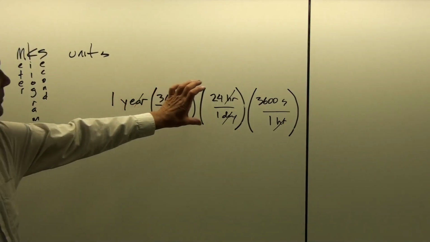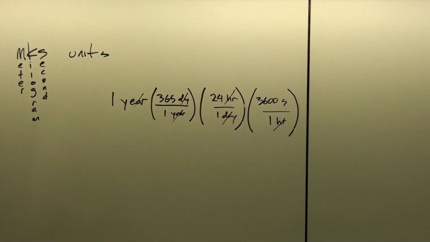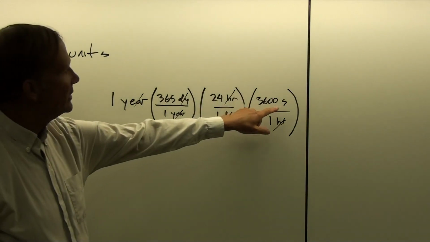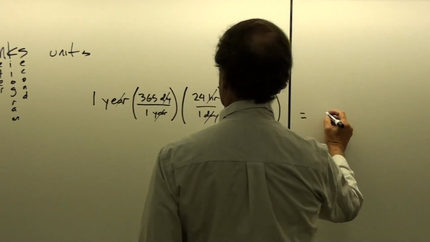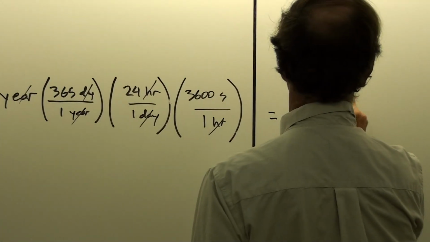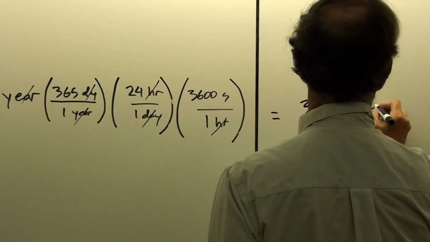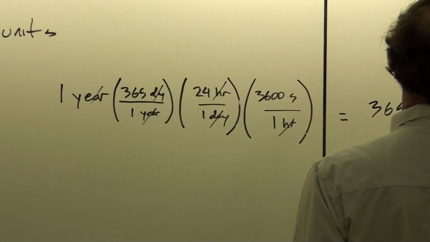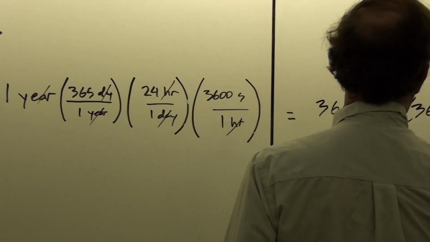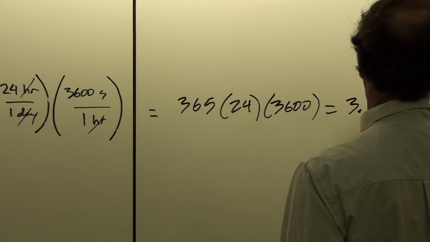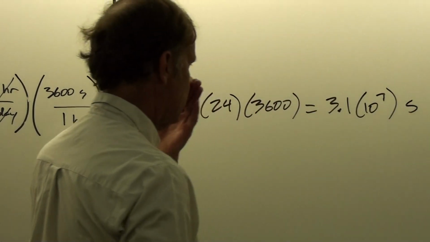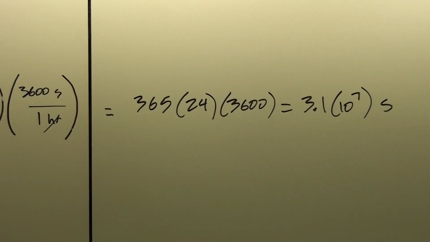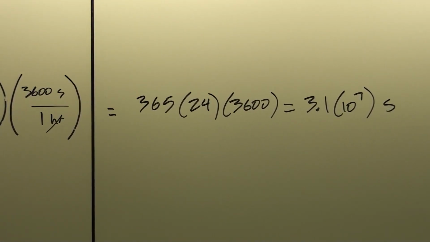And by setting up the equivalent form of 1 in such a way that all the units cancel out except for seconds, we end up with an answer that's equal to 365 times 24 times 3,600, or 3.1 times 10 to the 7 seconds. Okay, so that's 31 million seconds in a year.